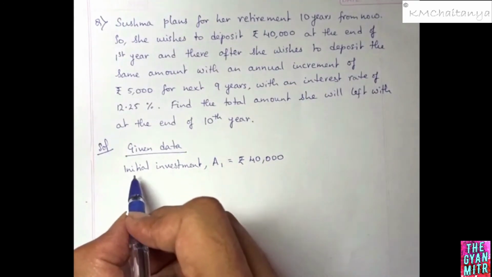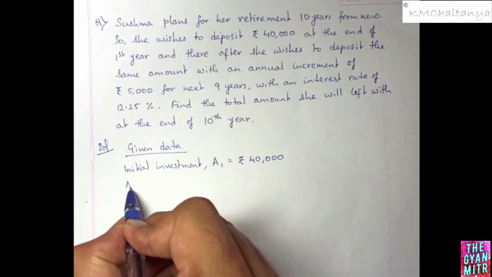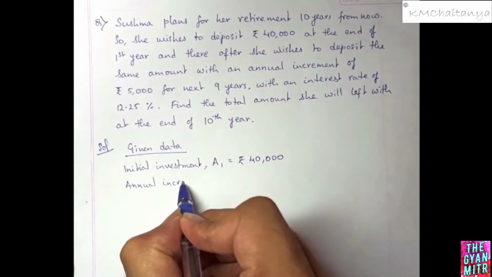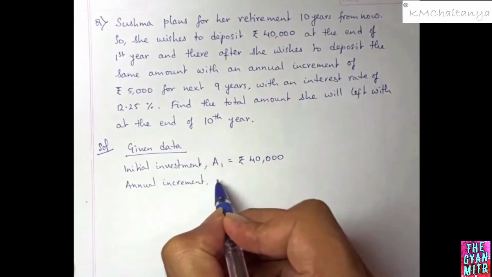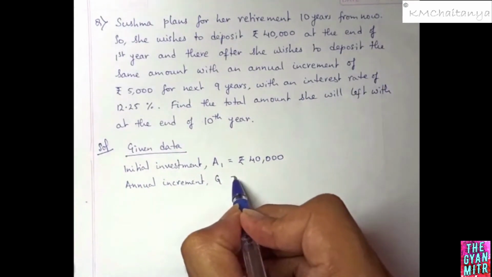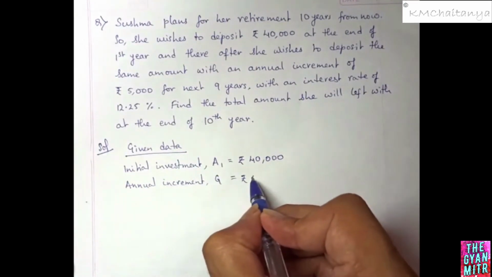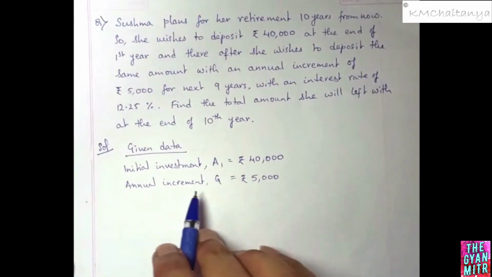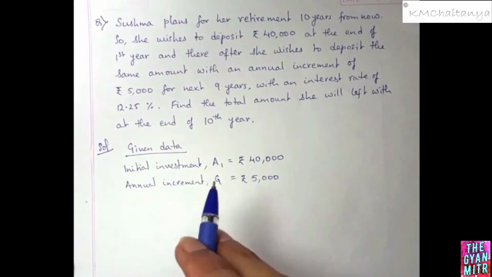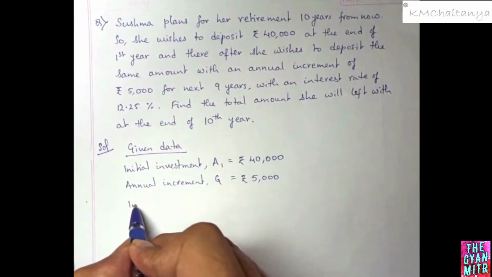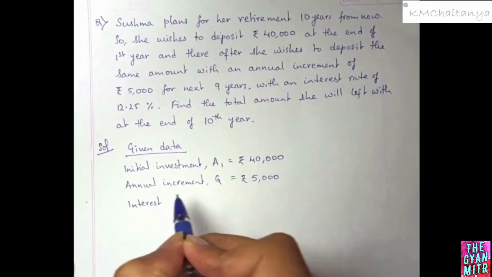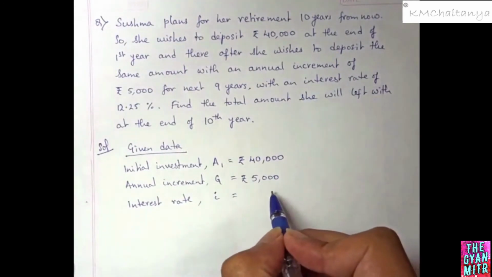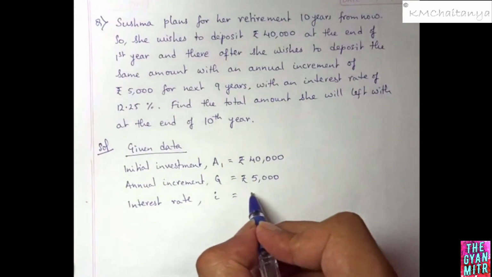Next, annual increment, it is capital G, is equal to rupees 5,000. So every year there will be an annual increment. Interest rate, which is i, is equal to 12.25%.